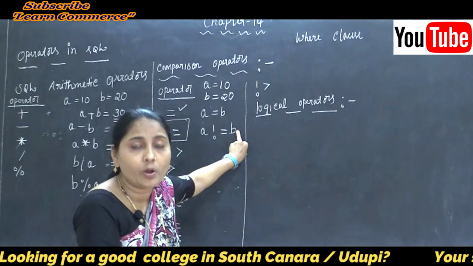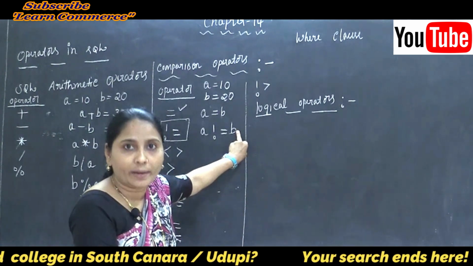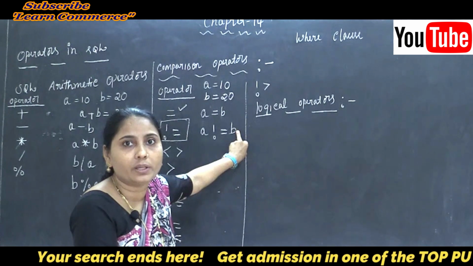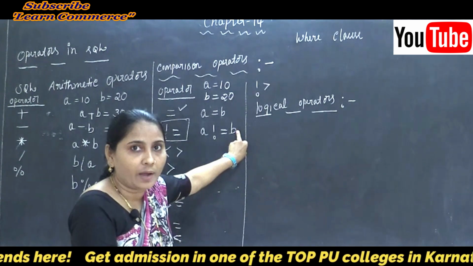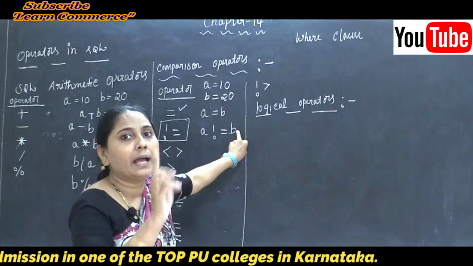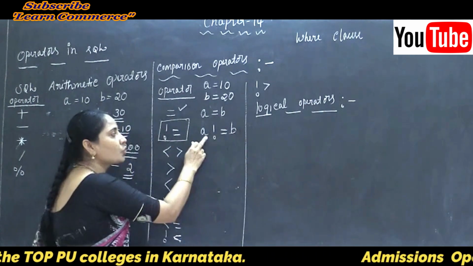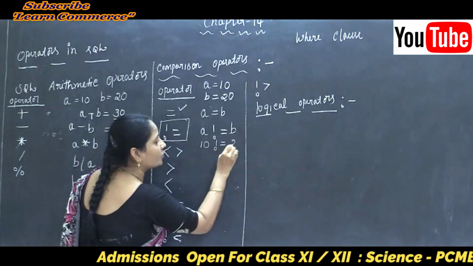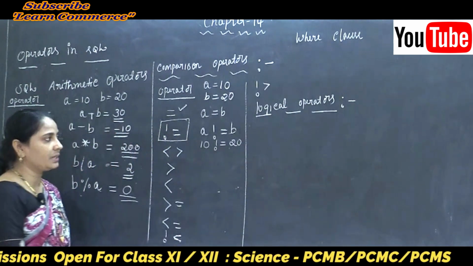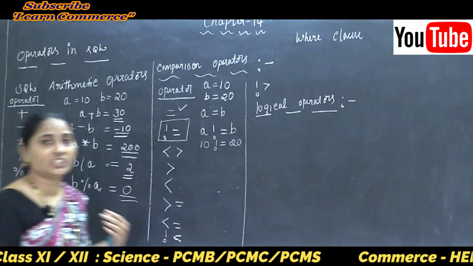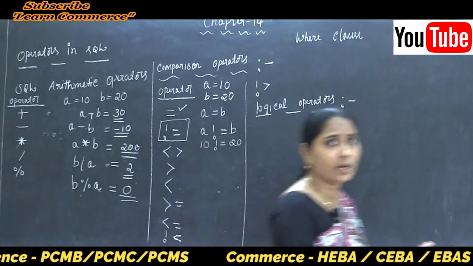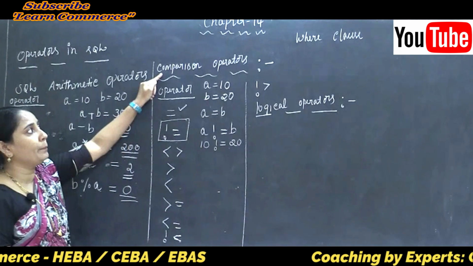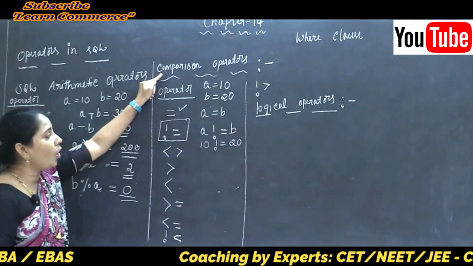Is 10 not equal to 20? Yes, so the condition is true. If the values are not equal, only then the condition is true. This is our second operator in the comparison, or relational, operators.